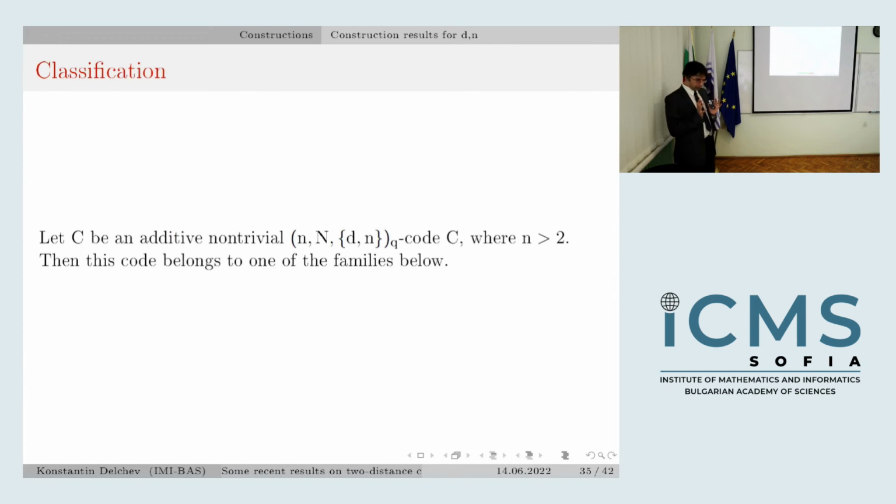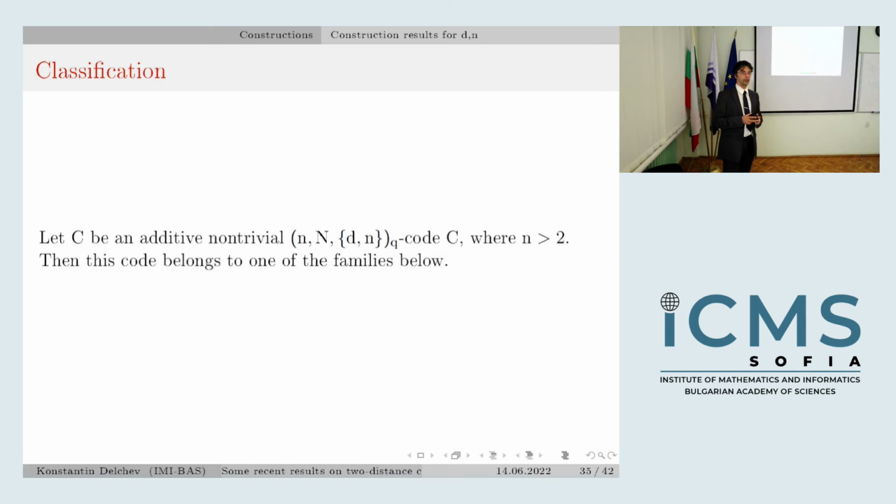So these are the types of constructions that we went through in our first article with Zinoviev and Zinoviev, and from them we felt it was interesting to see what the general case is, D and D plus delta, where they found certain requirements for the structure of Hamming codes.